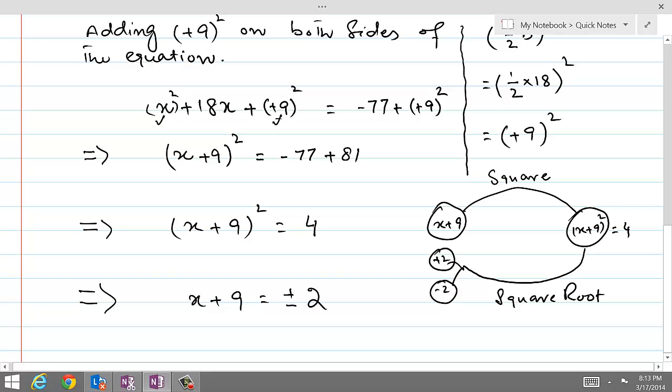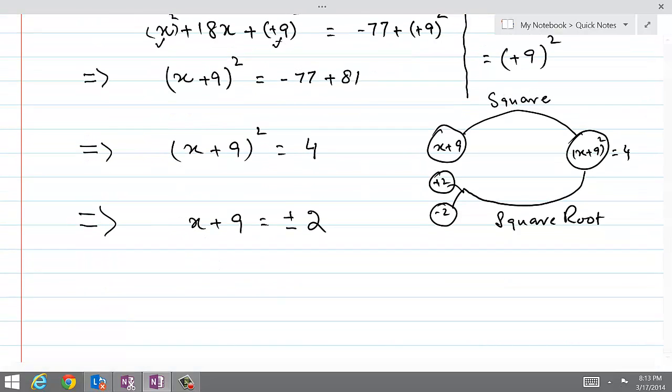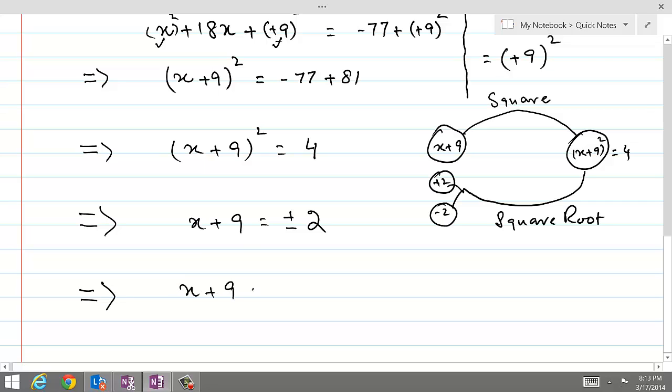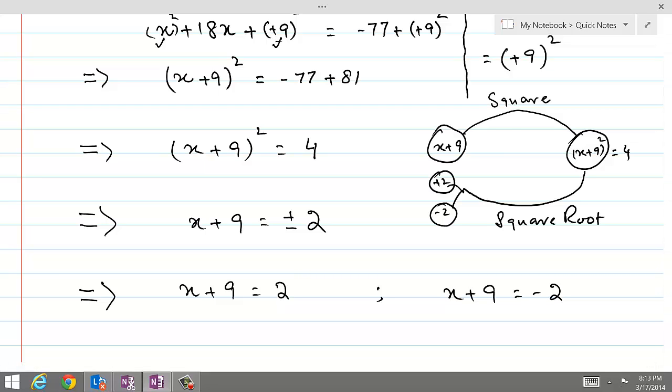We don't know which one. That's why we include both of these, and then we change into two equations. One time we say x plus 9 equal to 2, and the other time we say x plus 9 equal to minus 2, because when we do the inverse operation, we don't know if it was plus 2 or minus 2.